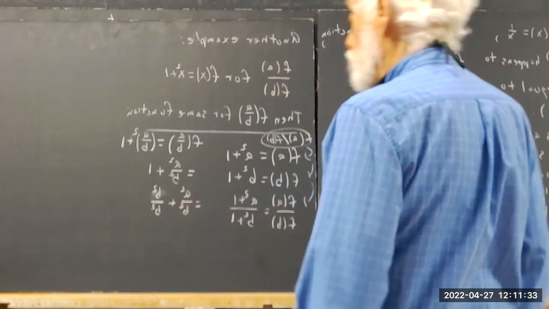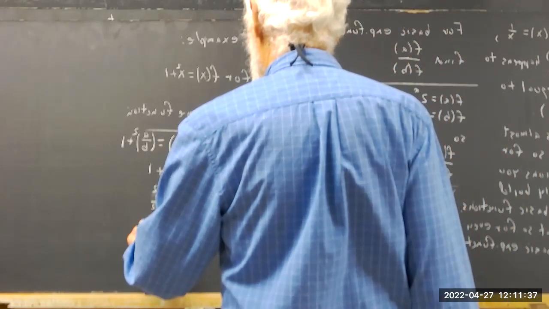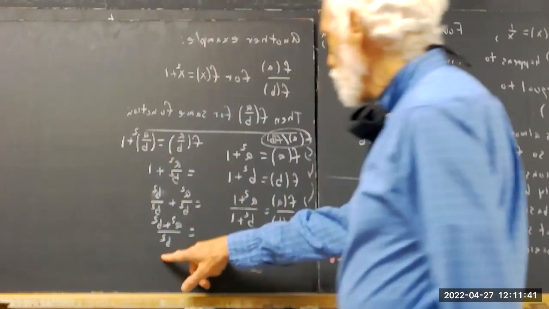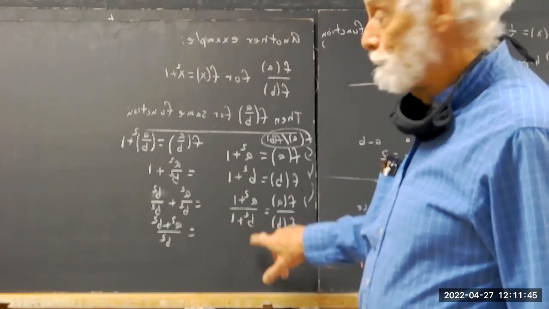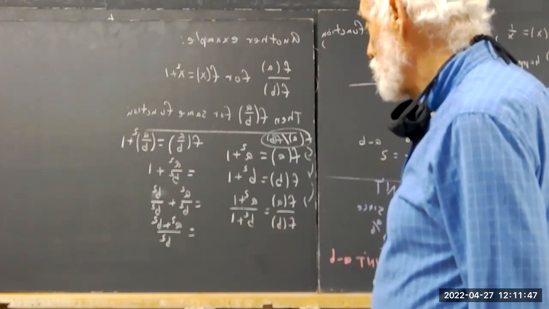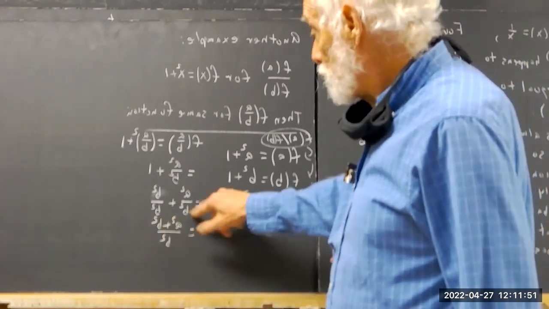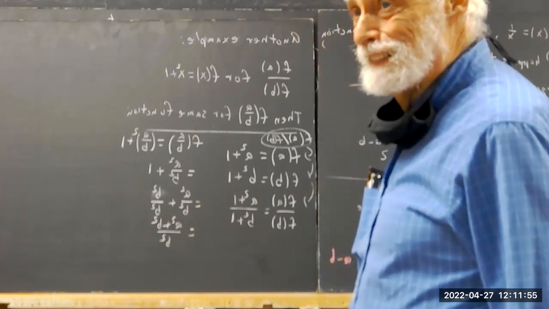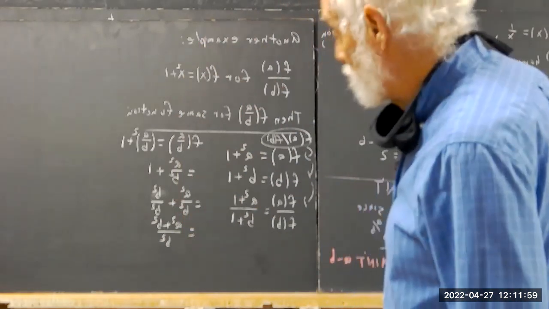And then you can add the fractions by adding the numerators. And there's no way this is equal to this. Okay? Unless you somehow think you can cancel this with this to keep this under the A squared. Okay? And even that, it's not going to work.